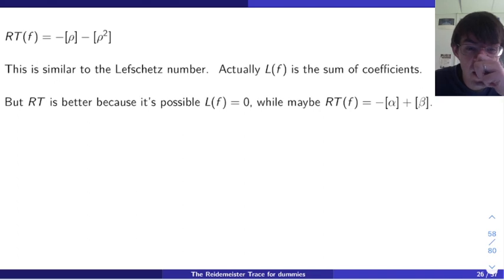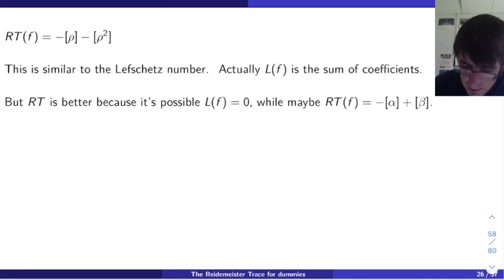It's a generalization. It's better because it is possible that maybe the Lefschetz number is 0. That is, all the +1s, -1s, they all cancel out. While it turns out when you see the Reidemeister trace, you realize that maybe there was a negative Reidemeister class together with a positive Reidemeister class. And why this gives more information: if the Lefschetz number is 0, that suggests that maybe there are no fixed points, or there are fixed points and they just somehow cancel out by coincidence.